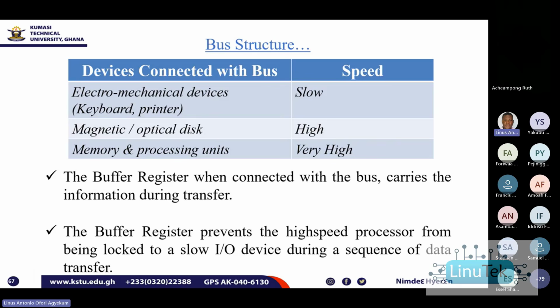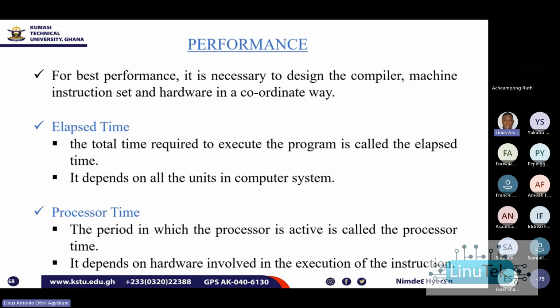And the buffer register prevents the high-speed processors from being locked to slow input-output devices during a sequence of what? Data transfer. So this is the concept of bus structures.